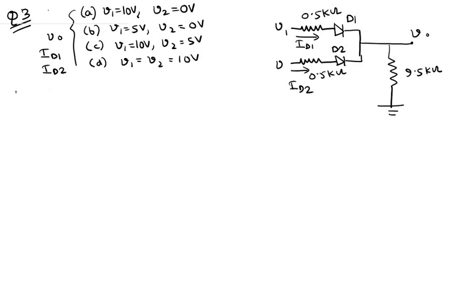Case A is actually very simple and you don't need to think much to do case A. It is given that V1 over here is 10 volts and V2 is 0 volts. Now V1 is 10 volts, V2 is 0 volts, this point is grounded, which basically means 0 volts. So the voltage at this point over here must be somewhere between 10 volts and 0 volts.